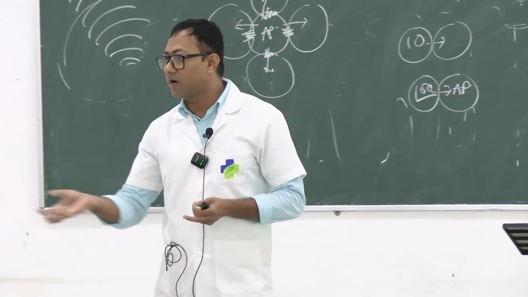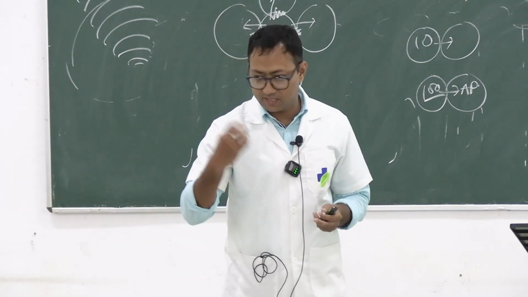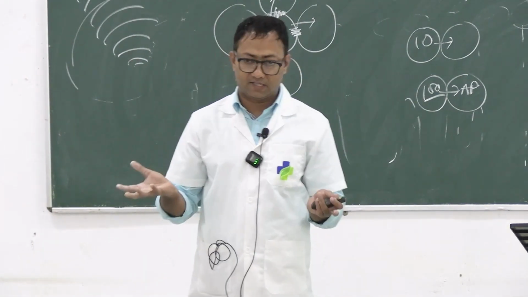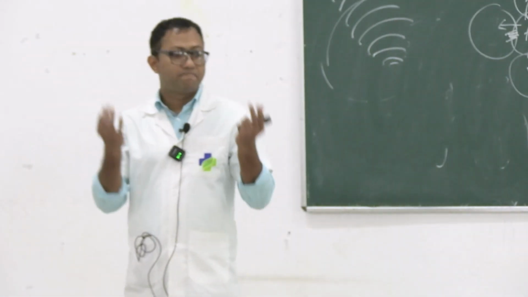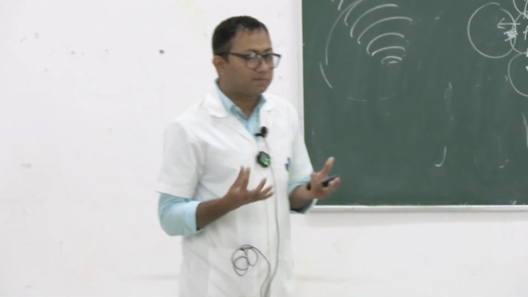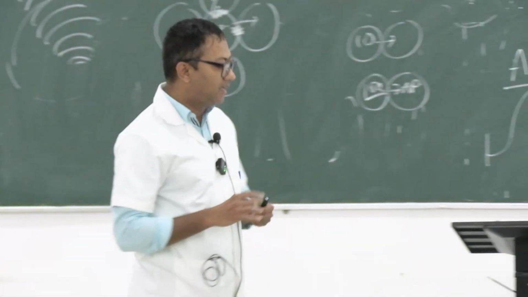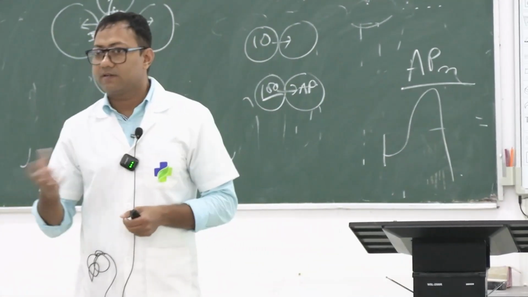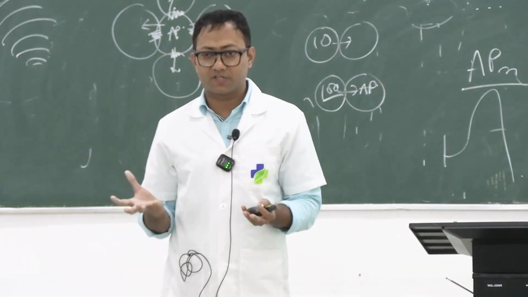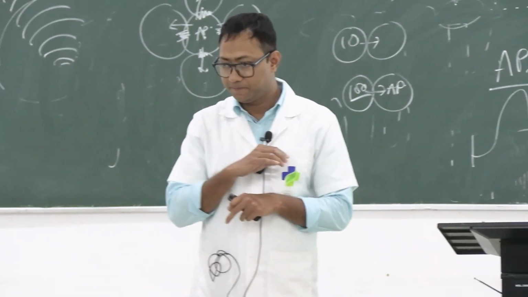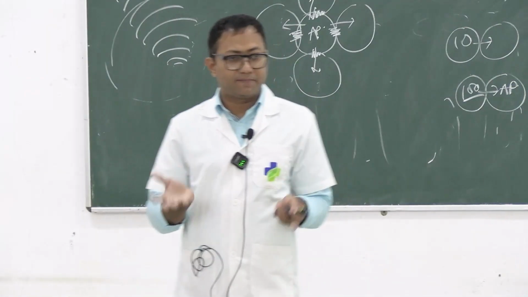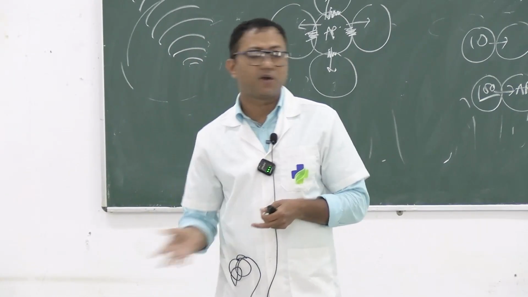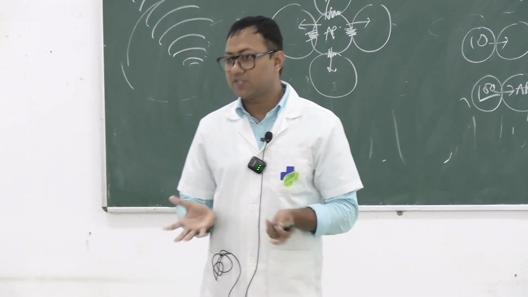The cardiac cell: once one cardiac myocyte is depolarized, all are depolarized, okay? And the property of cardiac muscle is such that it has got a huge number of gap junctions in its cell membrane, right? Also you need to know the structure of the gap junction, which is a part of general physiology. I am not going into the details of the structure of the gap junction.